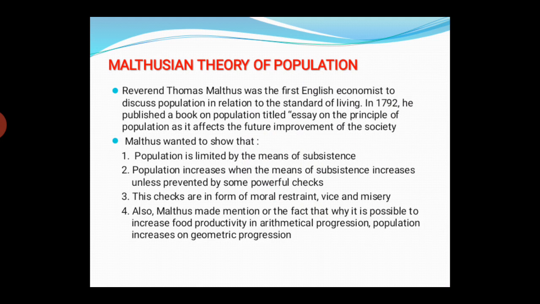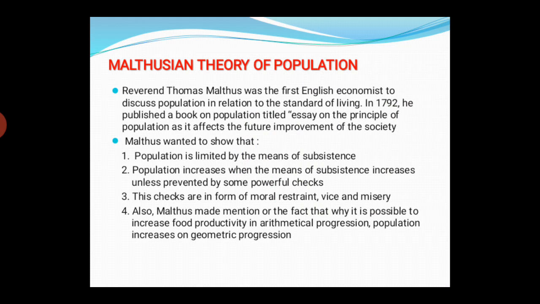That is the means of sustenance, that is the food crops or the food production. So we're trying to say that if the population size is far greater than the food production, this will affect the living standard. That is, it will lead to low standard of living.